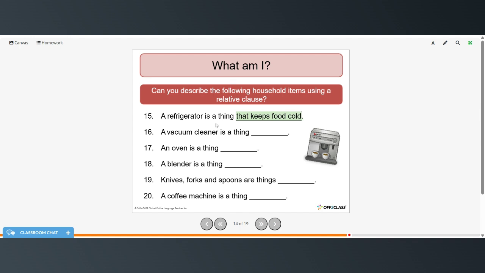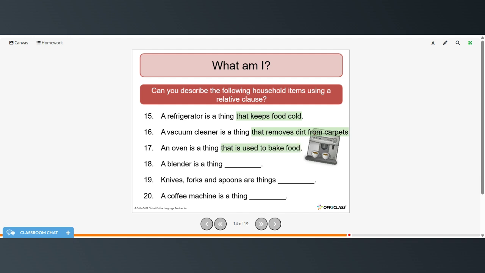A vacuum cleaner is a thing that removes dirt from carpets. An oven is a thing that is used to bake food.